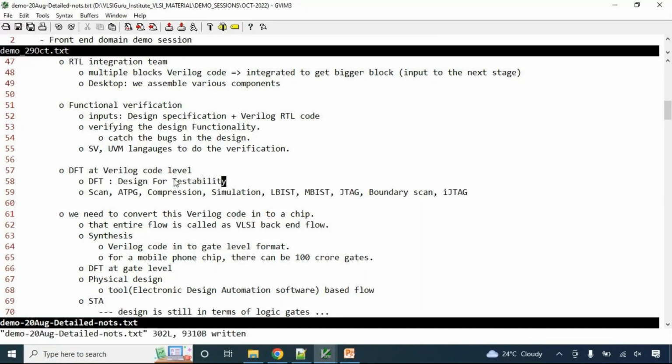It's a group of techniques like scan, ATPG, compression, simulation, logic BIST, memory BIST, JTAG, boundary scan, IJTAG, various things. All these things put together is what is called DFT. Now I'll explain in very simple terms what DFT is about.